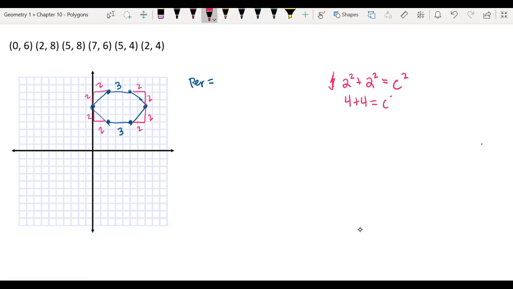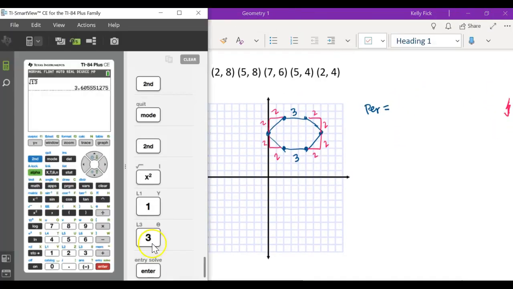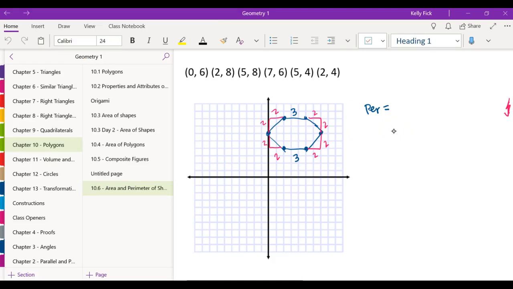So that's 4 plus 4 equals c squared. That's 8 equals c squared. And then you would square root each side. The square root of 8 is 2.8. Okay, so I have 4 sides that are 2.8, and I have 2 sides that are 3 and 3.